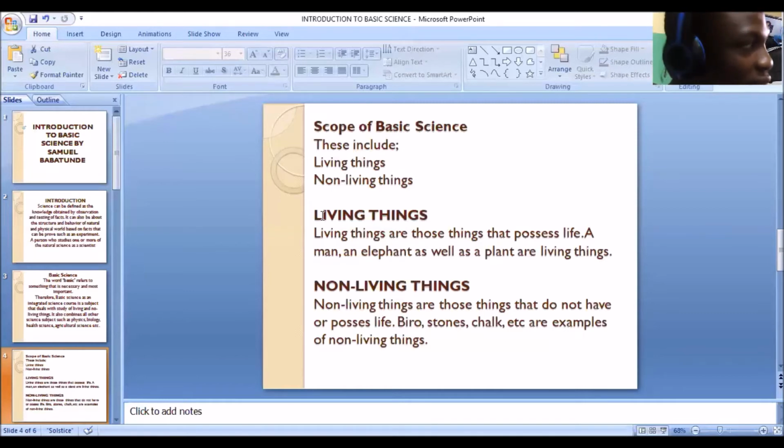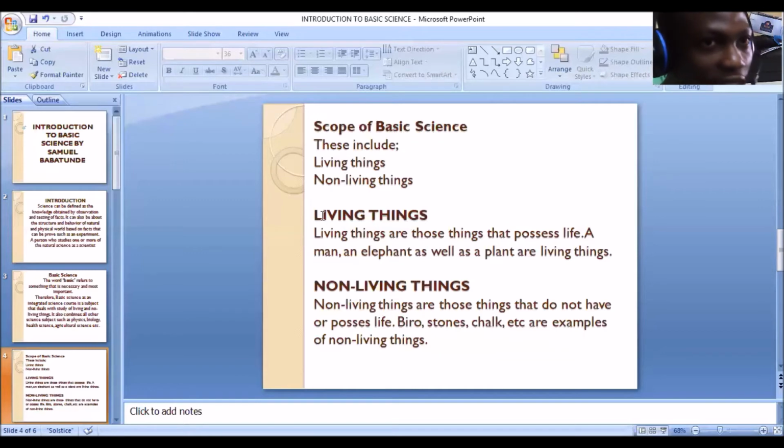So we regard them as what? Non-living things, because they do not possess life. They do not possess any characteristics of living things at all. They cannot move, they cannot reproduce, they cannot respire, they cannot undergo excretion, and so on. They do not exhibit these characteristics. So we refer to them as non-living things.